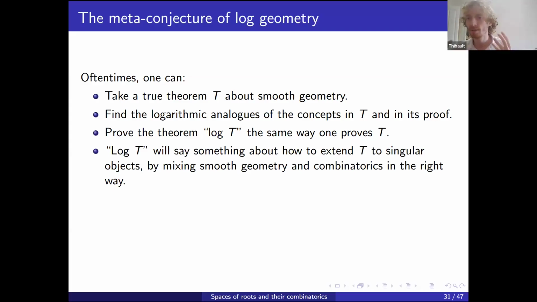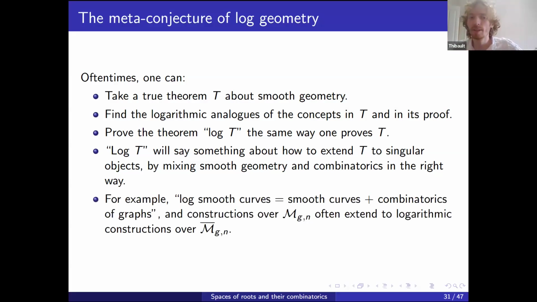It's sort of the right way of degenerating smooth objects to smooth objects plus combinatorics and mixing the two kinds of math in the right way to describe what happens when you degenerate the theorem T.